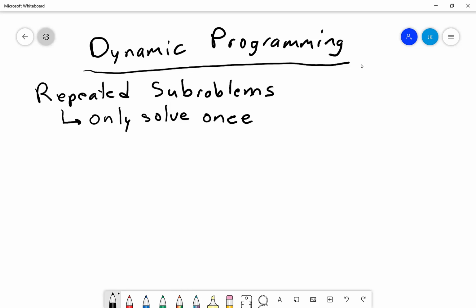And then for each of those choices, there's more choices. And for each of those, there's more choices. But in the process of going through and identifying more and more, you face the same problems over and over. And because of that, if you can remember, hey, I've faced this problem before, and not recalculate it, you can potentially get a huge time savings.